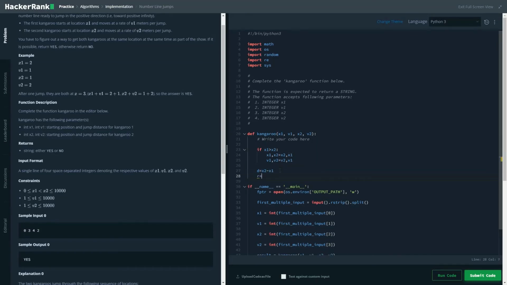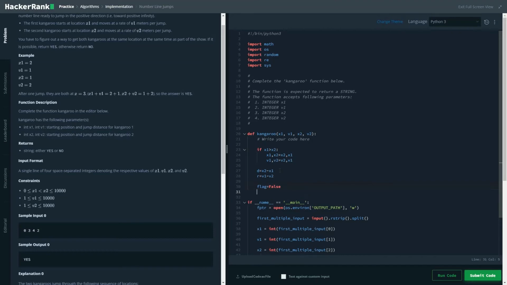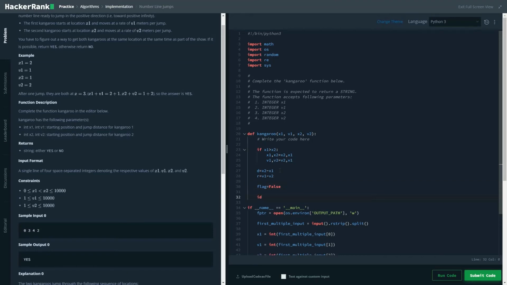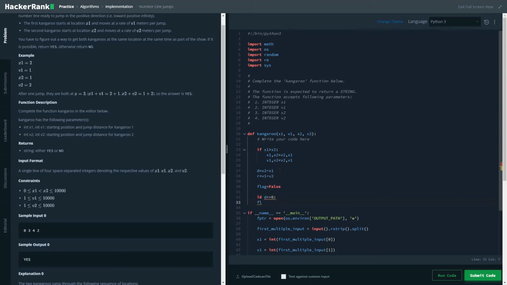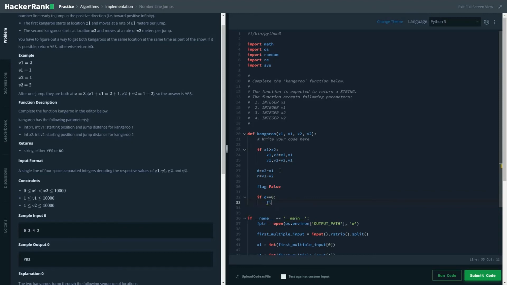or it could be v1 minus v2, and we'll be writing a flag variable, flag equal to false. Now let's check. If our d is equal to 0, then the flag is true.